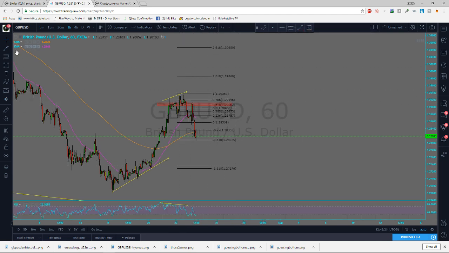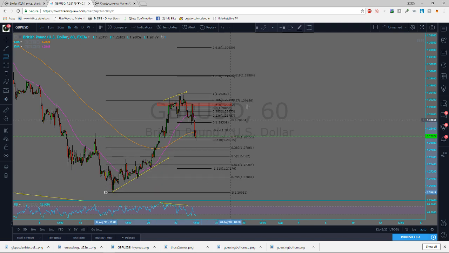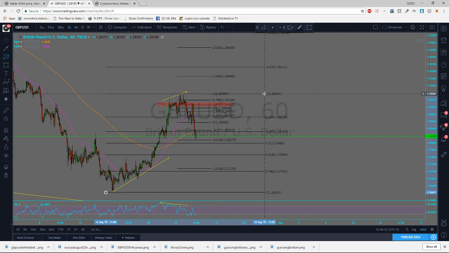Got the 618 sell off. Right? And where would your take profits be? Well, if we were looking for an area right here for it to continue higher, price continuation, wouldn't a take profit be here?